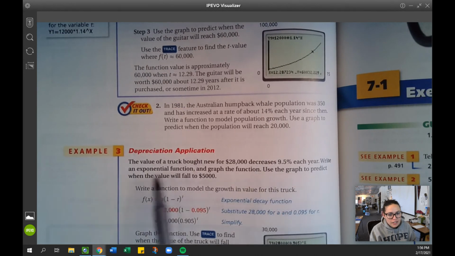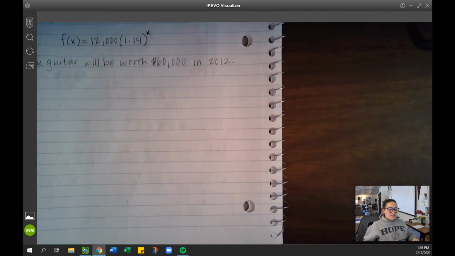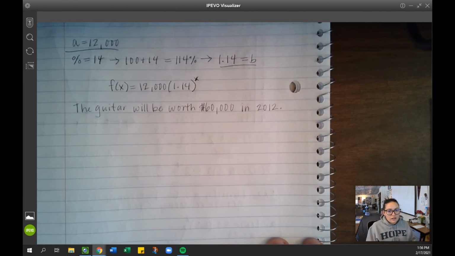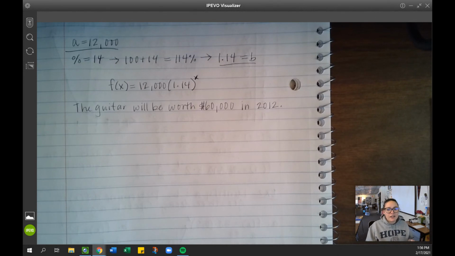Use the graph to predict when the value will fall to $5,000. I know some of you buy vehicles, but a lot of you are not quite driving yet. But when you buy a vehicle, the value of it pretty much always decreases.